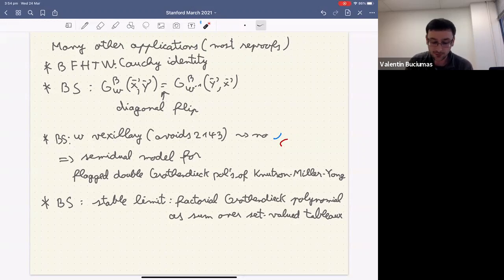So one such application is proving a Cauchy identity for these Grothendieck polynomials. Another application would be to prove this somewhat interesting identity. You can flip the alphabets x and y, and then you get back the same Grothendieck polynomial, but with w inverted. And this can be seen easily in our model.